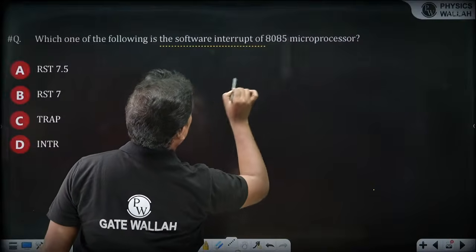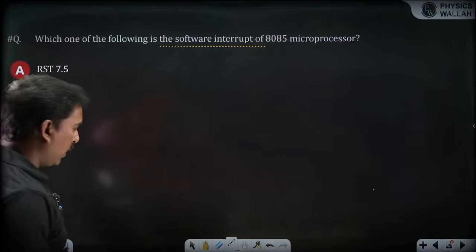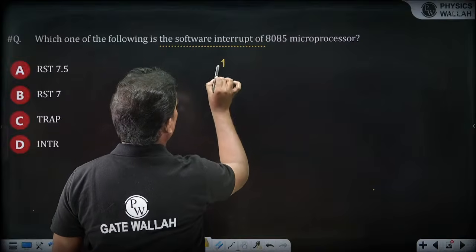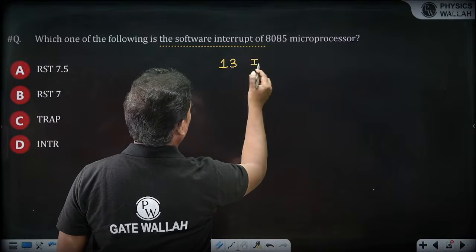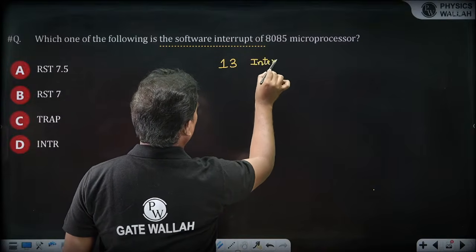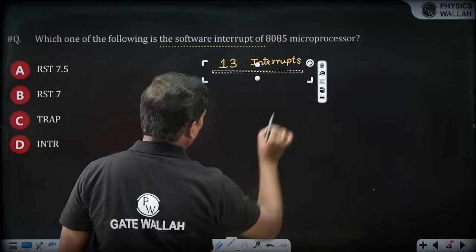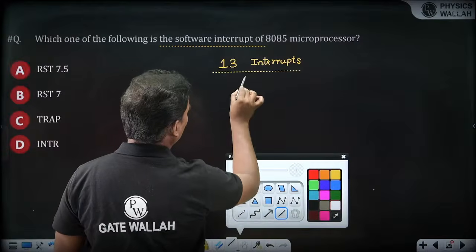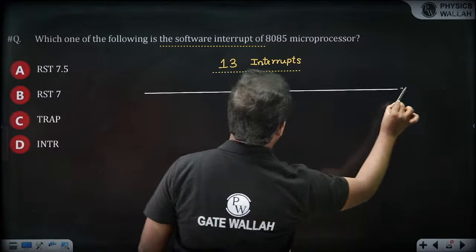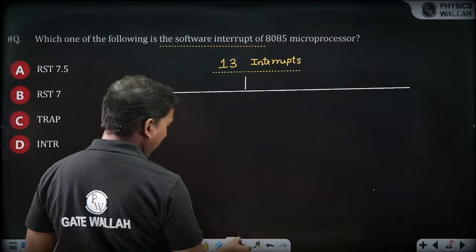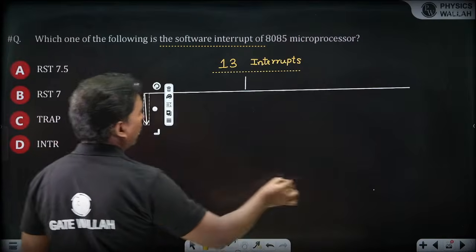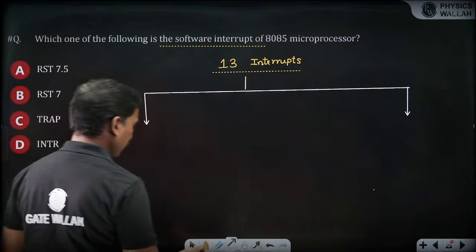Which one of the following is a software interrupt of the 8085 microprocessor? So again, the 8085 has 13 interrupts. These 13 interrupts can be classified as software interrupts and hardware interrupts.